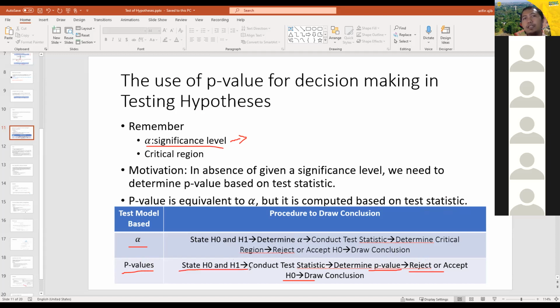Jadi setelah men-state hipotesis kemudian melakukan tes statistik, kemudian mendapatkan p-value-nya, nilai p-value ini yang menjadi pertimbangan untuk memutuskan reject atau menerima.